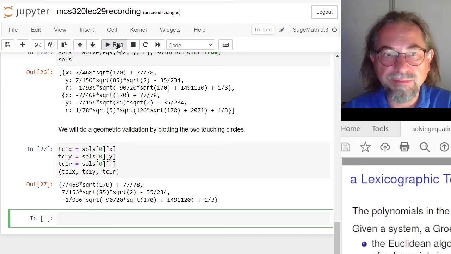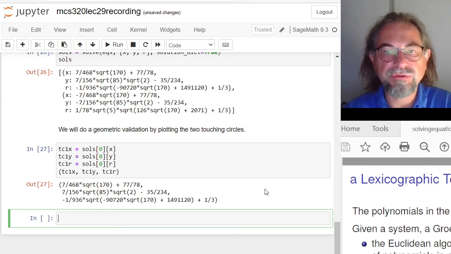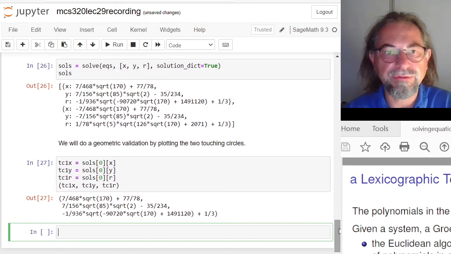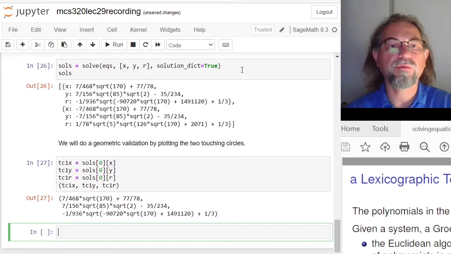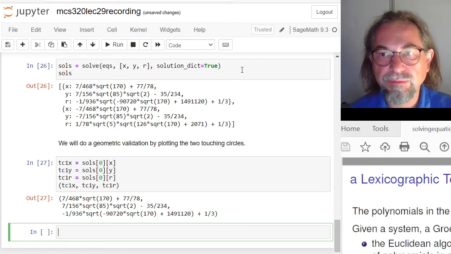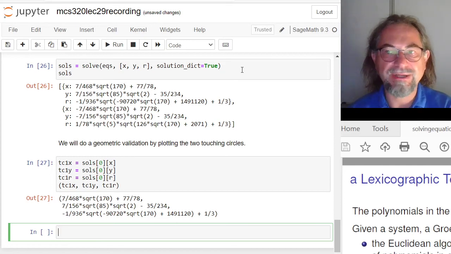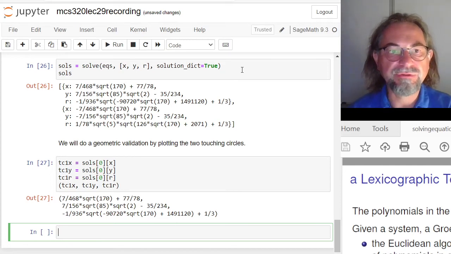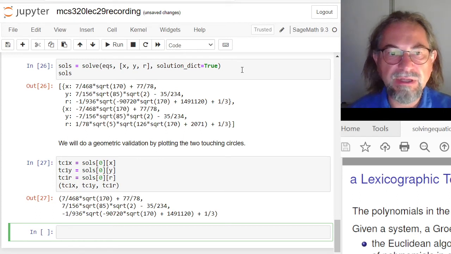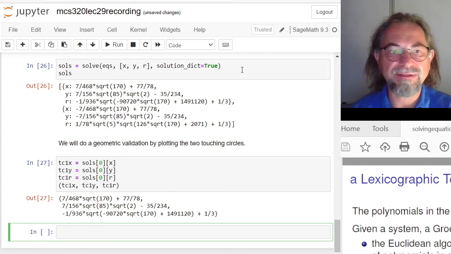Here you see the benefit of asking for the solution dictionary format with this flag equal to true. Otherwise we would get equations and have to select the right-hand side. Selecting from the keys of a dictionary is a little more convenient than selecting the right-hand side of an equation.